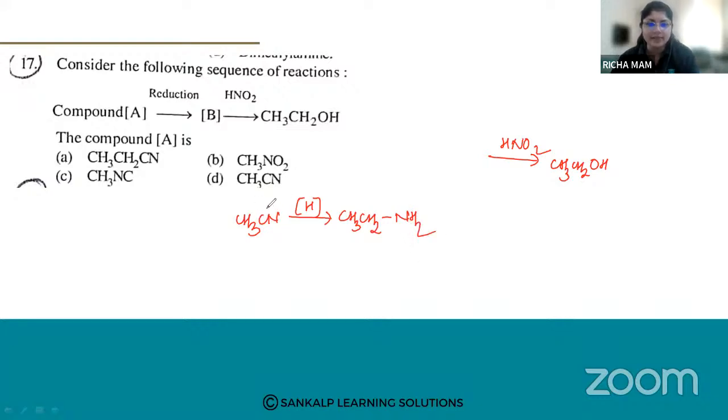What is happening here? I am adding hydrogen across the carbon and nitrogen, so CH3CH2NH2 is formed, that is ethylamine. This I am treating with HNO2. I'll get CH3CH2OH. So option number D.